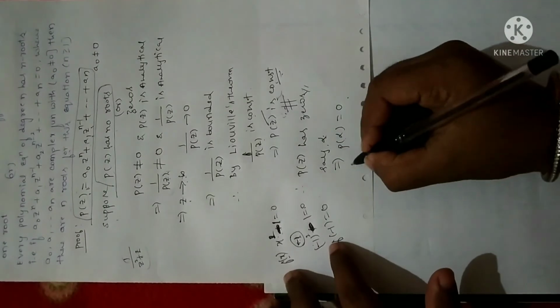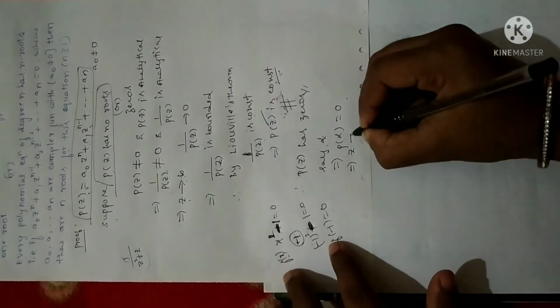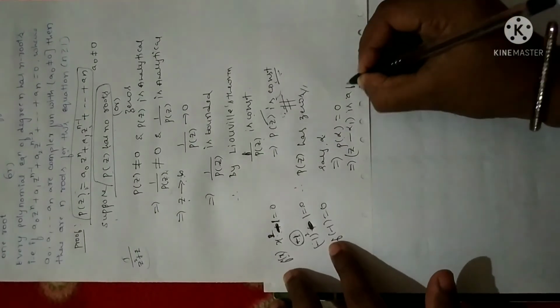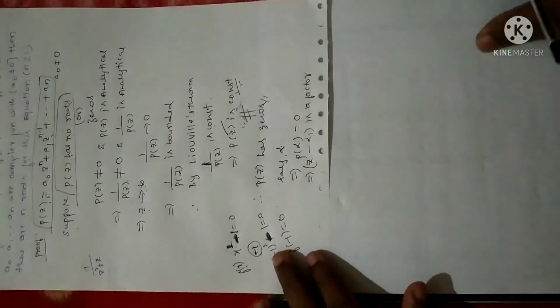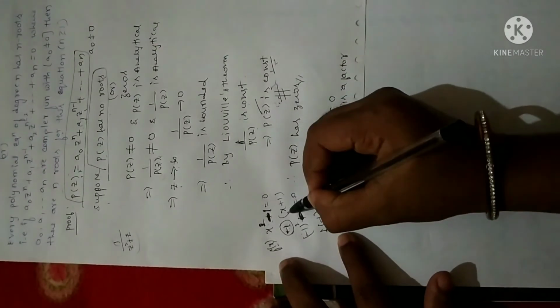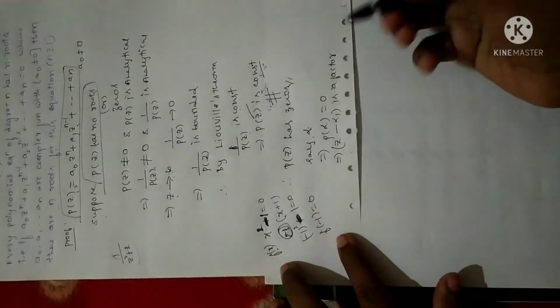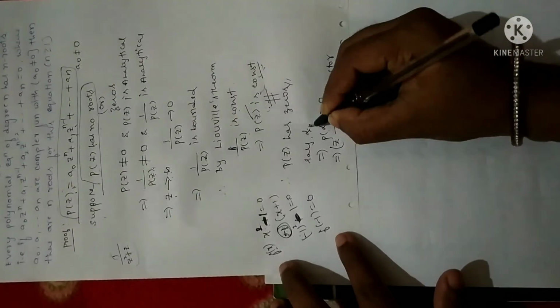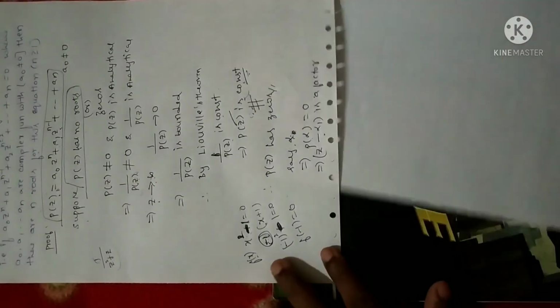So I can write z minus alpha 1 as a factor. In the sense it has one factor. So here in this particular example, x plus 1 is a factor. If minus 1 is a zero, x plus 1 is a factor. Similarly, if alpha 1 is a zero, z minus alpha 1 will be a factor, right?